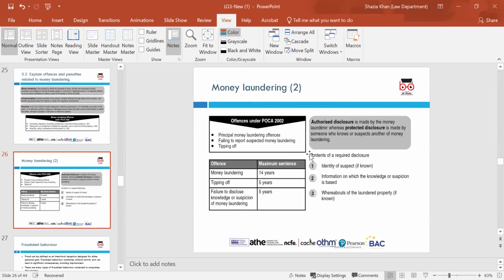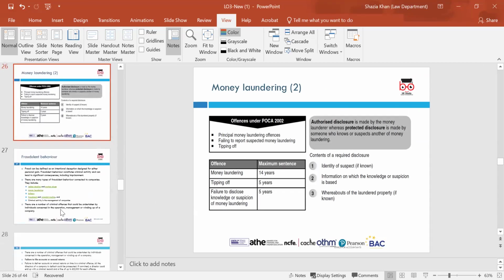So offences under money laundering are principal offences, failing to report it, suspecting or tipping off. The offence is 14 years, as I said, tipping off 5 years, and failure to disclose 5 years. So, when it comes to it, accountants would have to disclose that. If you are an accountant, you must disclose any issues that you know of money laundering.